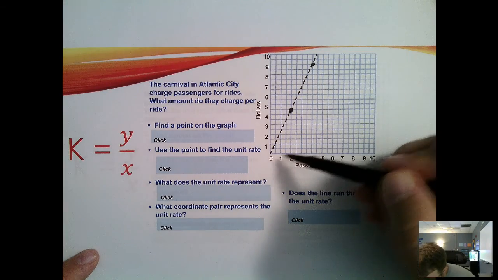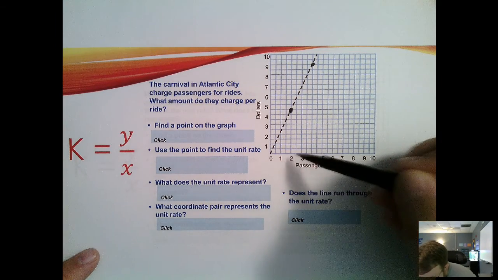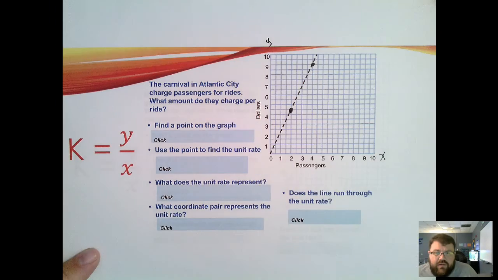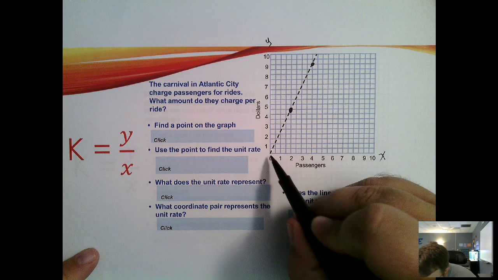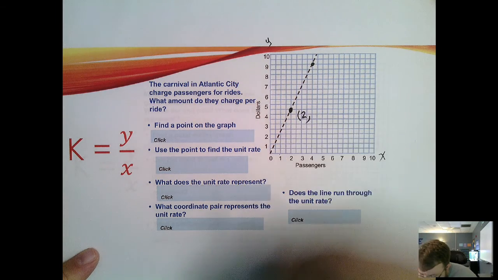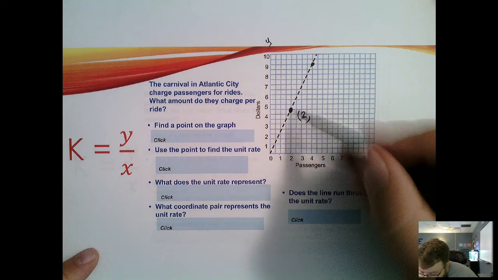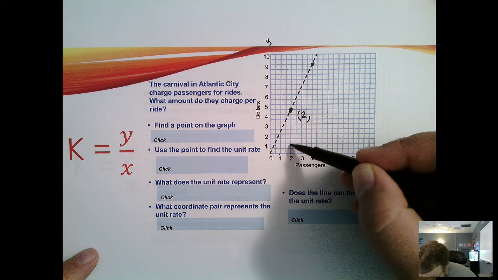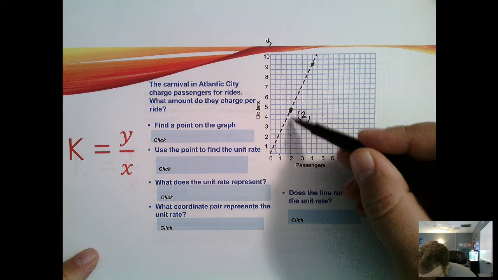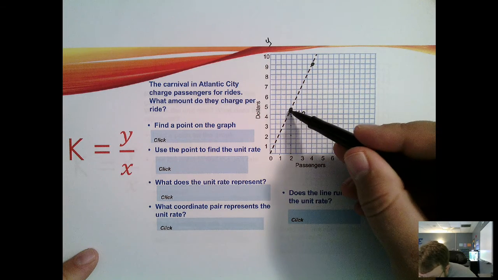So for this one, I have the X value, the Y value. I've got an X value of 1, 2. I have a Y value of 1, 2, 3, 4 and a half.